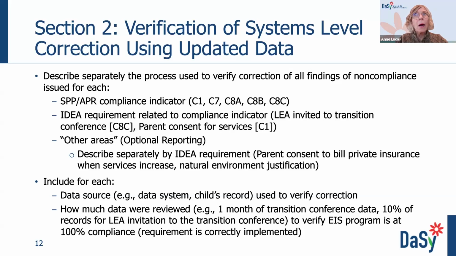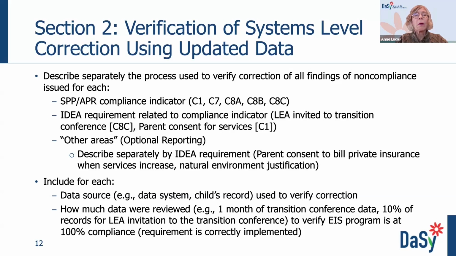So again, what we're encouraging you to do is to describe how you verified correction for the indicator. Now, we know that you described that in your actual APR indicator. So let's just use an example of C1 right now. Let's say that you had 10 findings that you reported in indicator 1 on their correction.